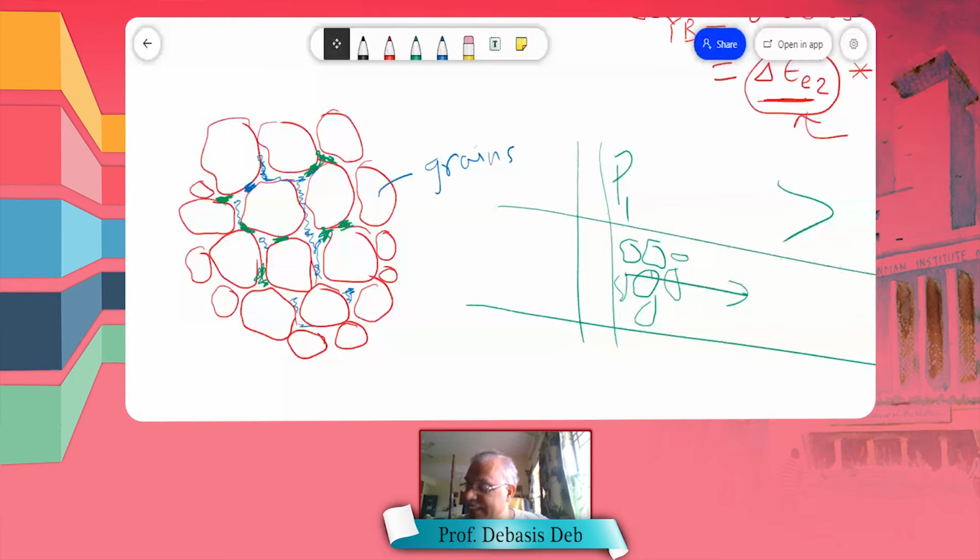So there are some grains and some space, which is this blue color space given here. They may be water filled or they may be air filled. And the grains can be connected by adhesive or not. That will also come in the part of solid.